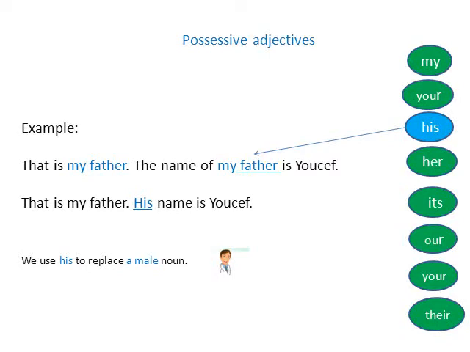So we replace my father by the pronoun his. That is my father. His name is Yusuf. So his replaces my father. We use his to replace a male noun: a man, a boy, father, brother, uncle.